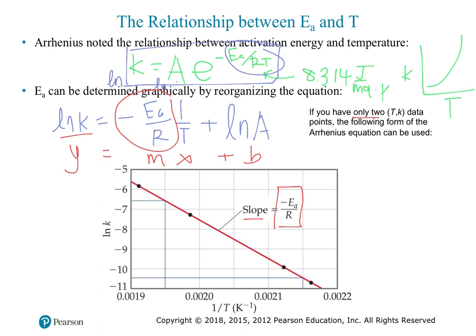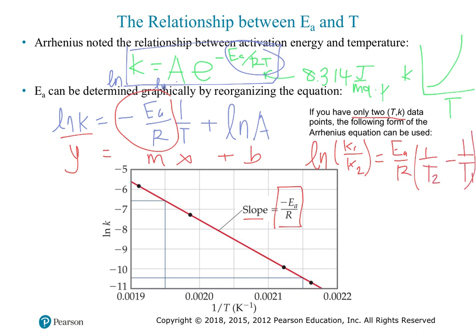When you only have 2 points, there's a somewhat helpful relationship that you could use. This works if you have more than 2 points, but we'll do natural log of K1 over K2 equals activation energy over R times 1 over temperature 2 minus 1 over temperature 1.